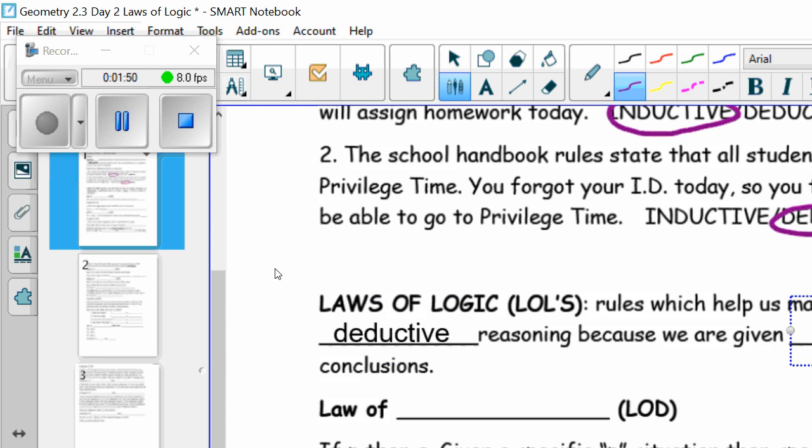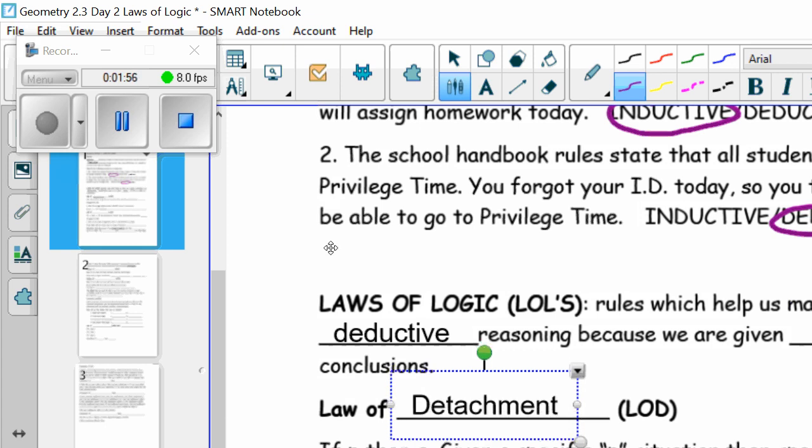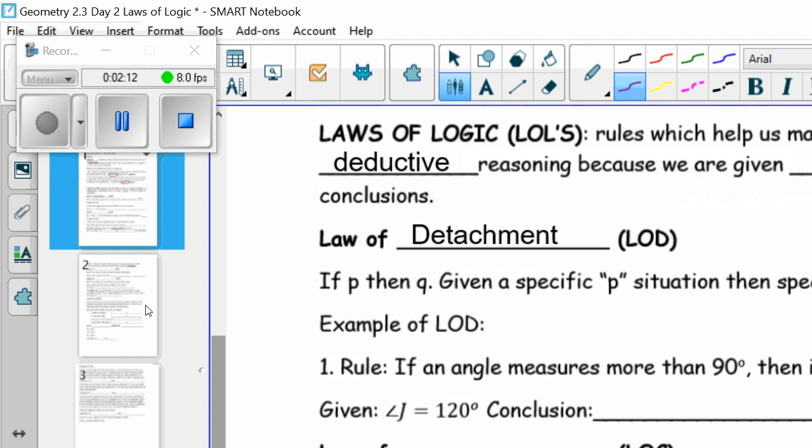We have the first type, which is called the law of detachment. This can be abbreviated as LOD. This one says, if P, then Q. So given a specific P situation, then a specific Q conclusion is true. An example of LOD, the rule: if an angle measures more than 90 degrees, then it is not acute.